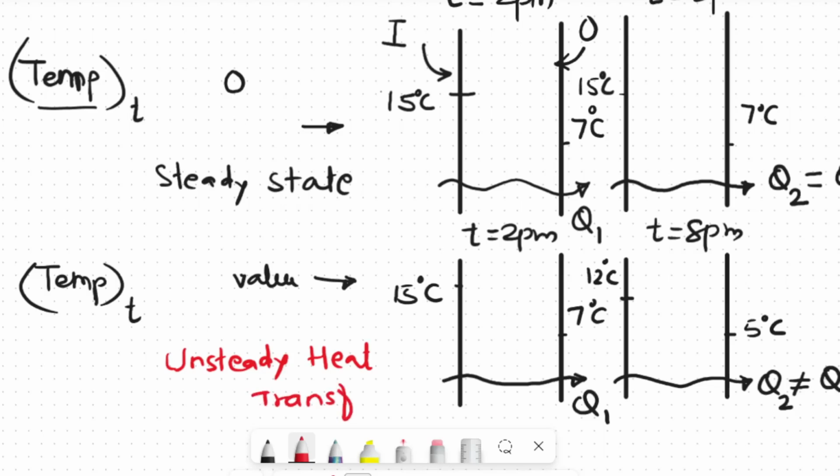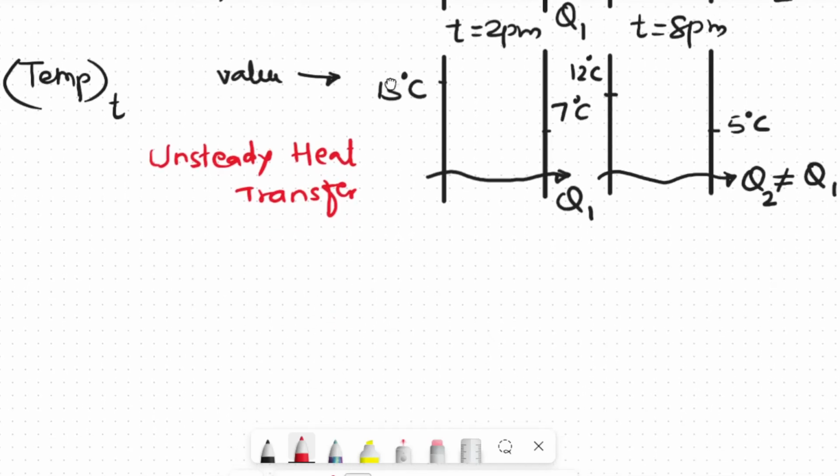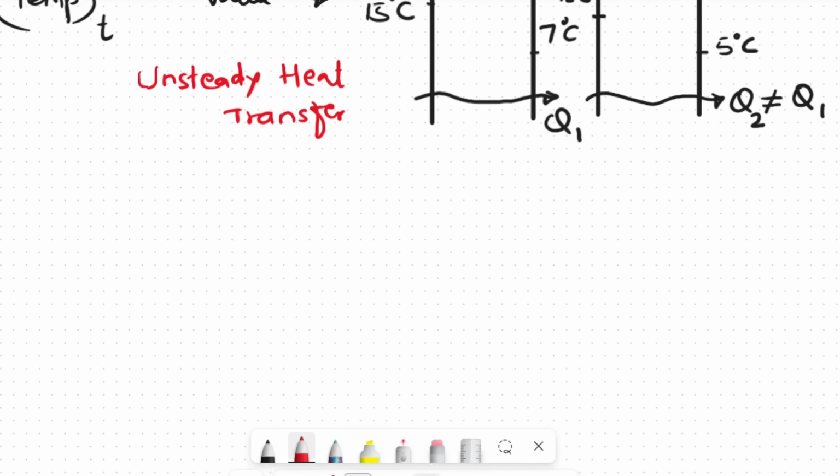Now friends, if you read the concept of steady and unsteady state heat transfer, let us go to the unsteady state heat transfer. This unsteady state heat transfer is of two types.